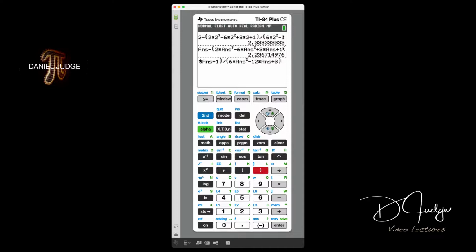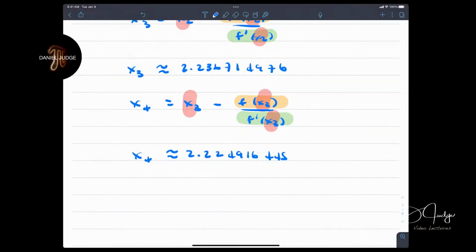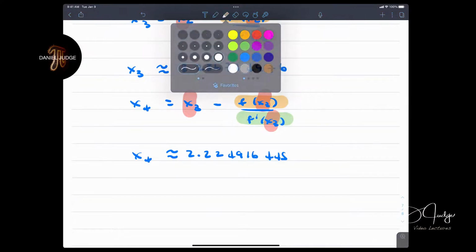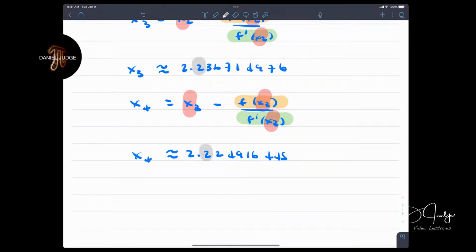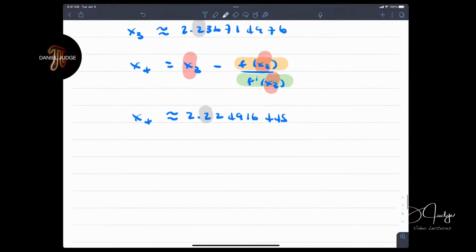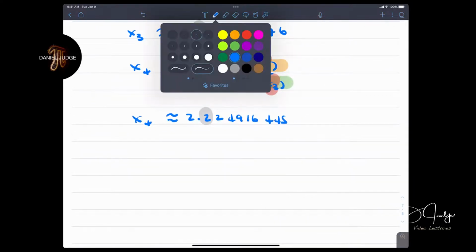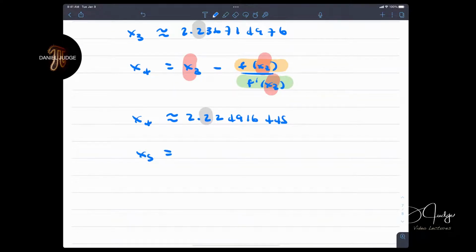So 6x squared minus 12x plus 3, that's the derivative. And we're starting to see the digits that are repeating here. 2.2249. So now if we go back and compare, here's a 2, here's a 2. There's only one repeating digit so far. So we're going to have to go to that 5th iteration. So x5 is x4 minus f of x4 over f prime x4.